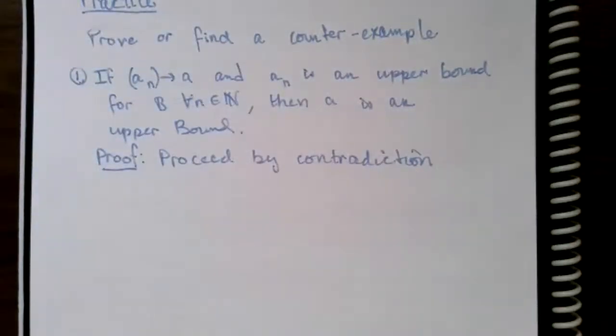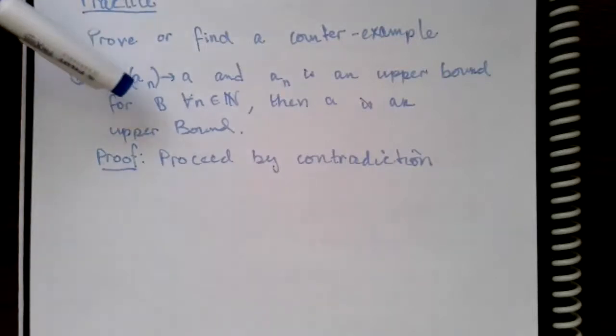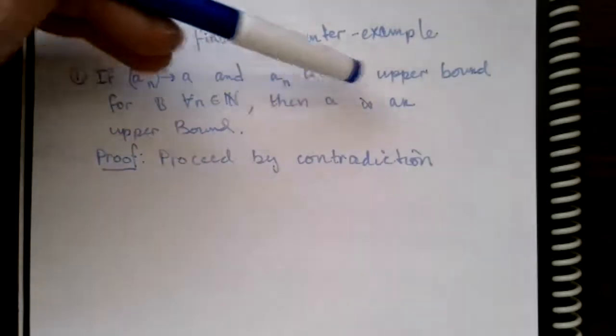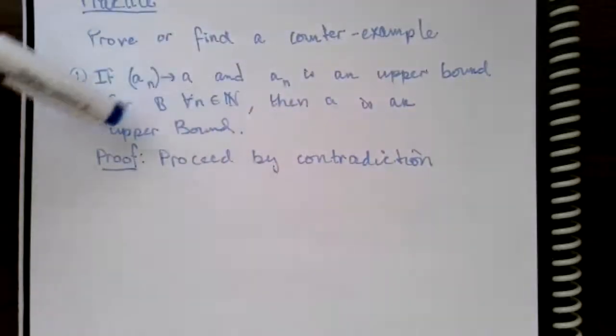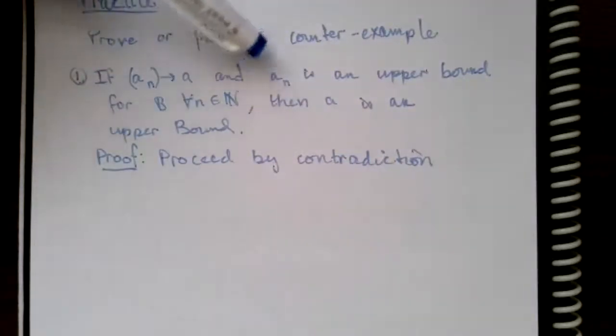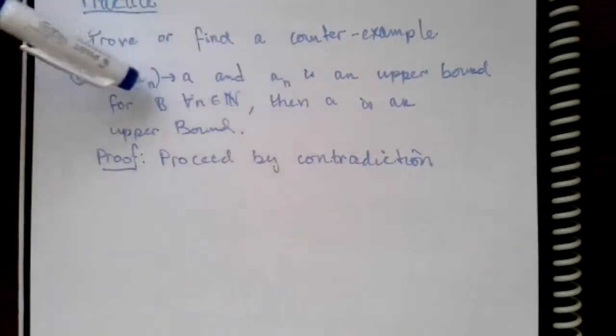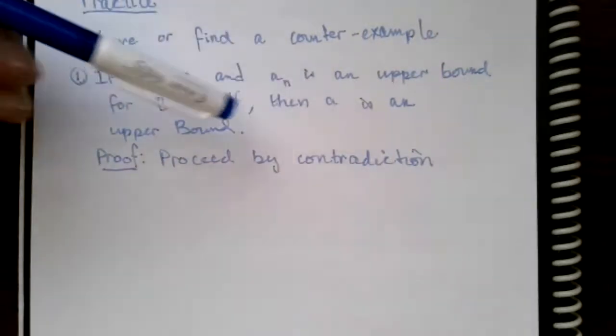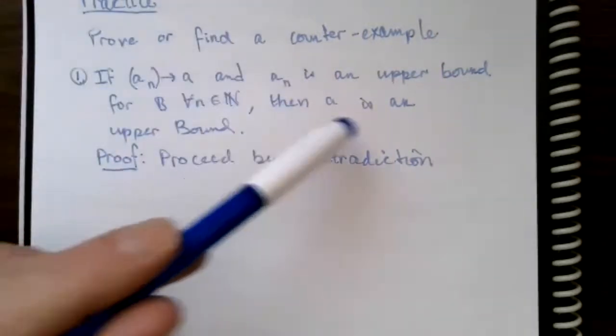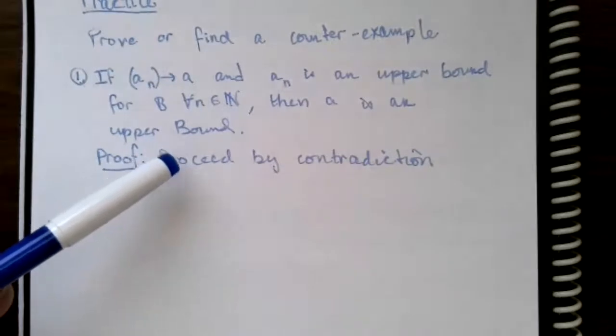A proof by contradiction? You assume the negation is true. So we're starting with the negation. Now, the negation of what part? Are we going to assume that A sub n is not an upper bound for B for all n? No, it's that is true, and A is not an upper bound. Right. So we're keeping the premise, but we're supposing that the conclusion here is false.